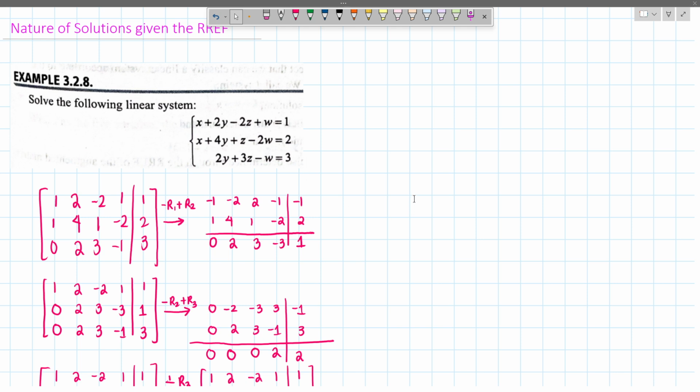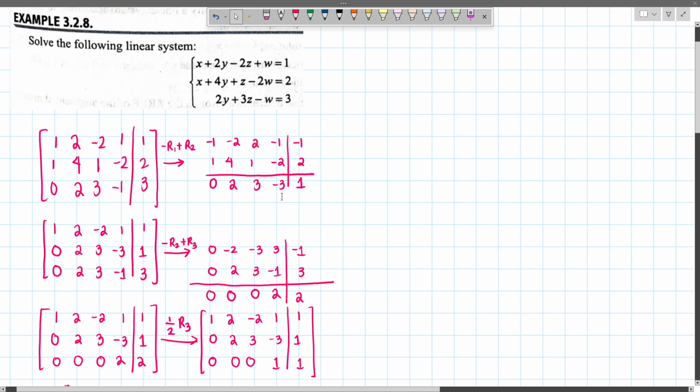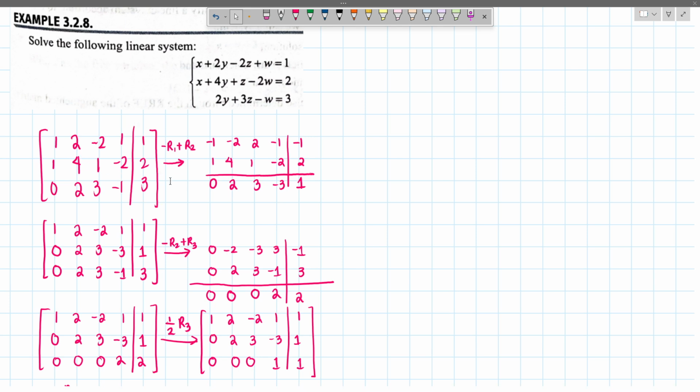If we are to solve for the reduced row echelon form of this linear system, I have already solved it. After rewriting it into an augmented matrix, I multiplied the first row by -1 and added it to row 2. And then I got that.